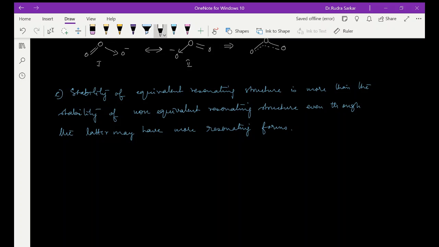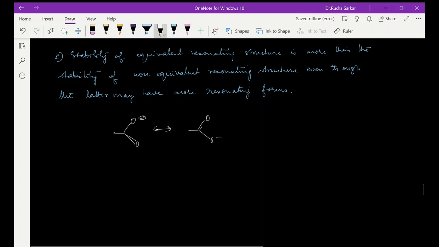Now let us consider acetate ion, and so we can say the other resonating structure will be as follows. And if you compare this with, say, a phenoxide, so in the above, both 1 and 2 are similar to each other.